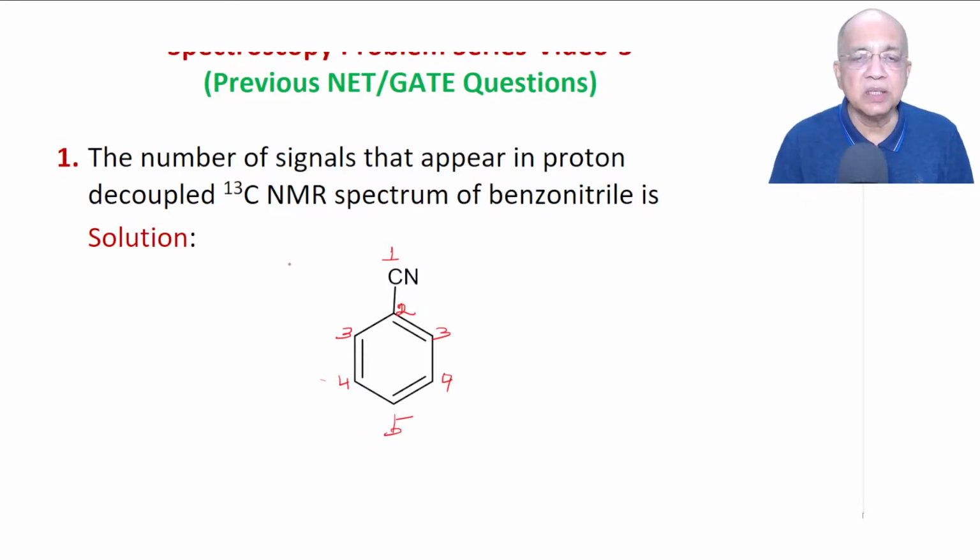So altogether the carbon-13 NMR will show 5 singlets in the proton decoupled spectrum in their respective places.